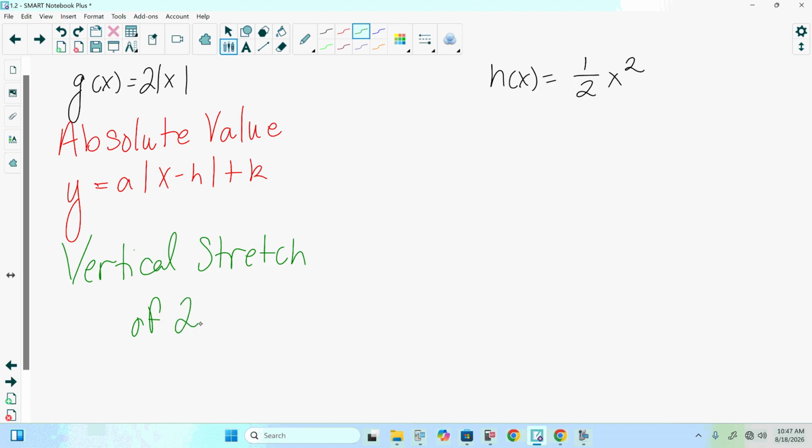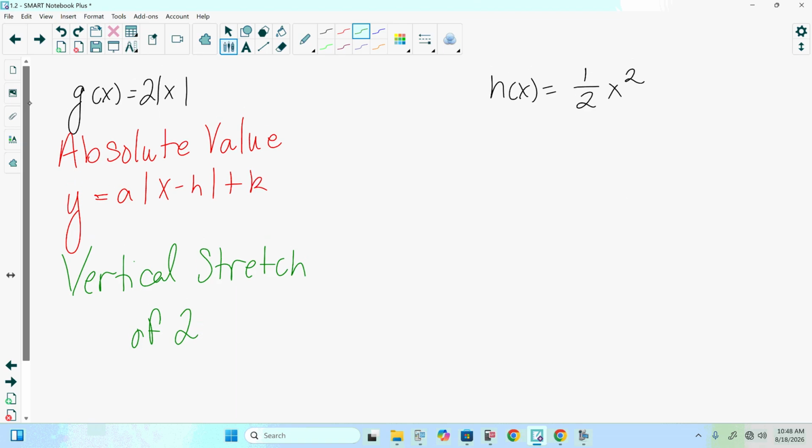Because we do note how much the function is stretching or shrinking by. Since it's 2 times the absolute value of x, since a is 2, we would say it's a vertical stretch of 2.